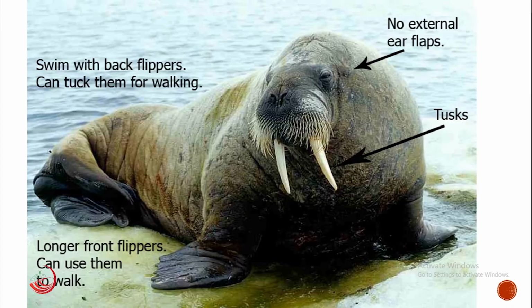They swim with back flippers and can tuck them in for walking. When they're on land, they get them inside, like under, and then they start walking. They have longer front flippers, can use them for walking. That's it.